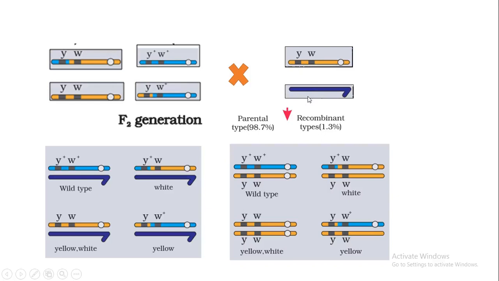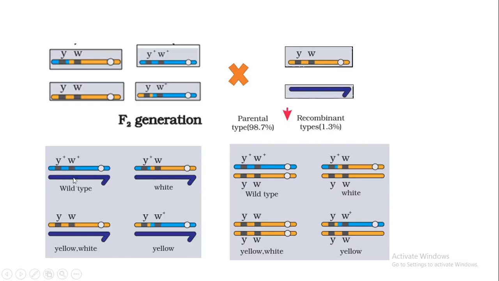Okay, now after crossing over you will be getting, see here, in the 4 haploid gametes, you are going to first cross it with this X chromosome and you will be getting this result, and in the 4 haploid gametes you are going to cross it with this Y chromosome and you are going to get these results. Okay, so let's see.